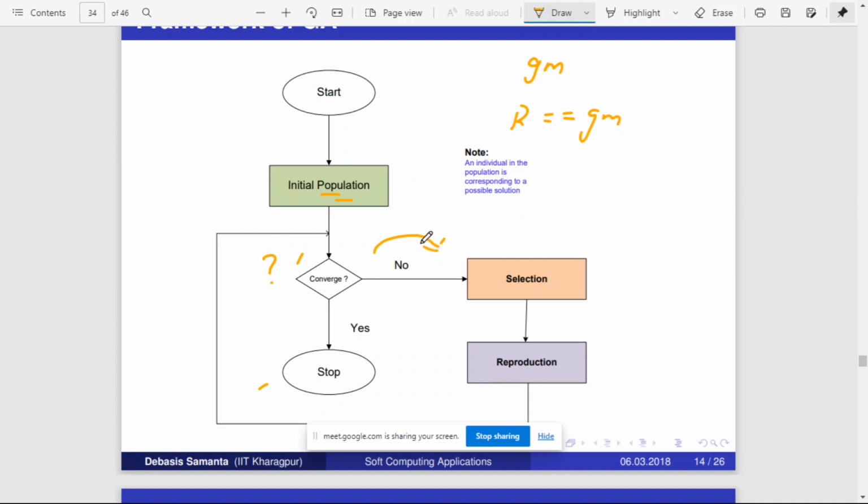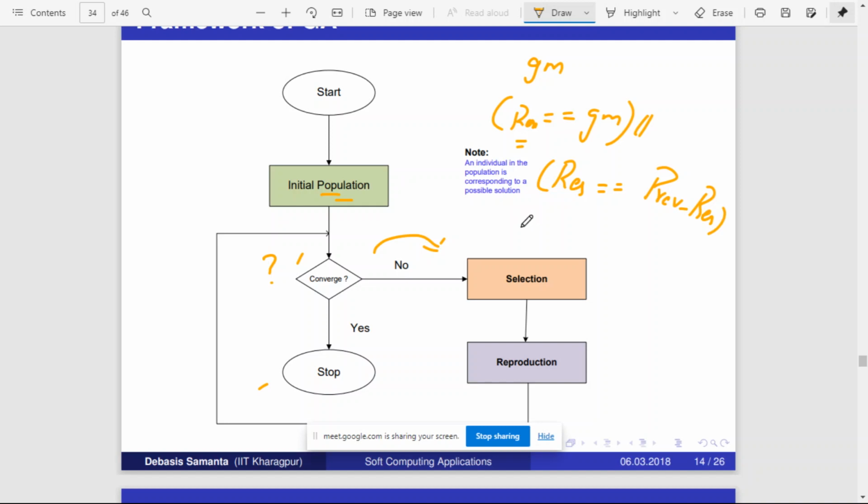Then you have to look at convergence in a different way also. Whether the result is reaching the global minima, or otherwise you also check if the result is equal to the previous result. If the result is equal to the previous result, there is no improvement.